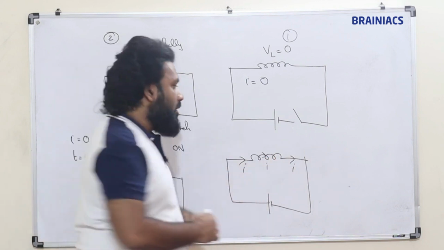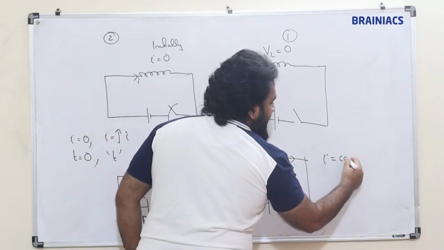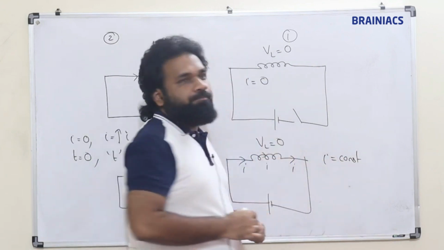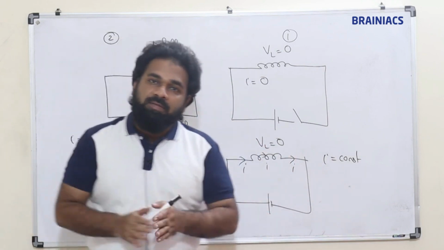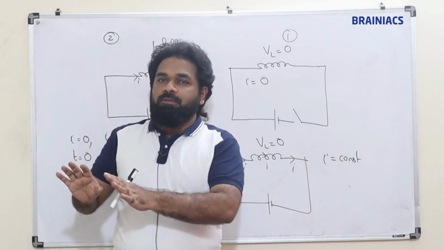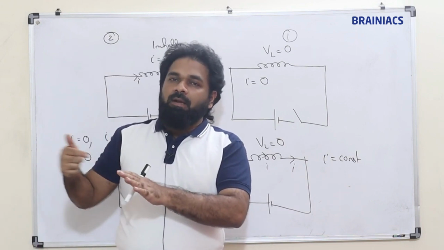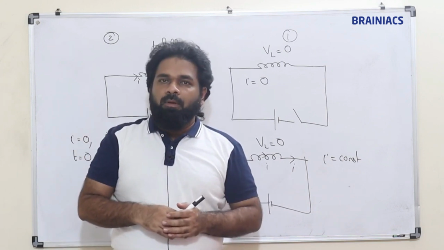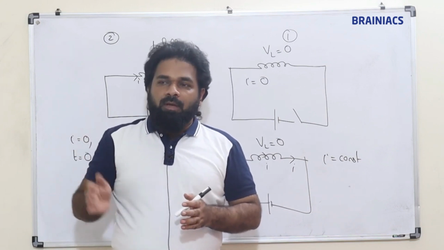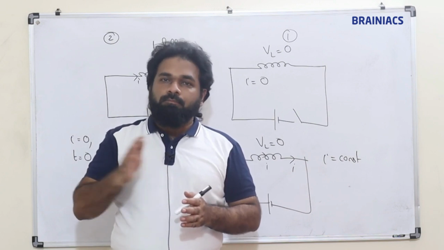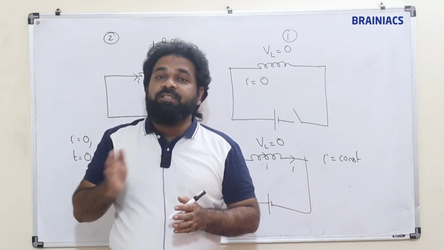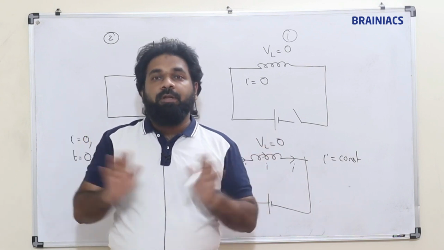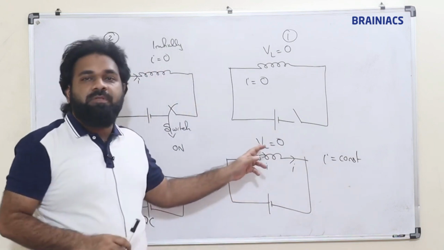When current becomes constant, induced EMF will become 0. Initially when current was 0, immediately when current came, it opposes. When the current starts moving, overcoming this opposition, finally when the current keeps on coming, there is no change in current now. So the inductor will not oppose, VL will become 0.